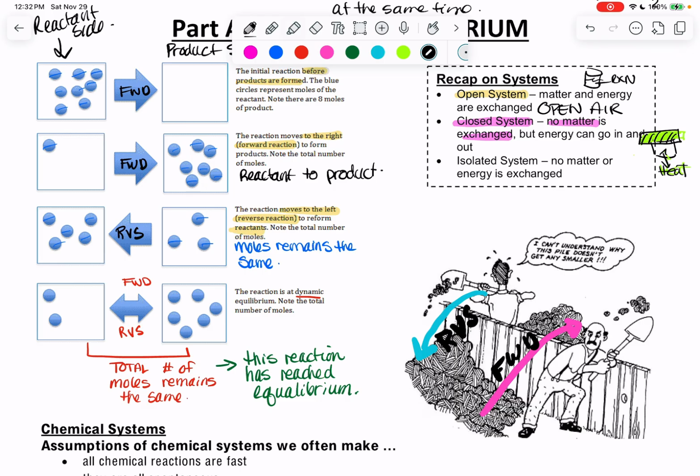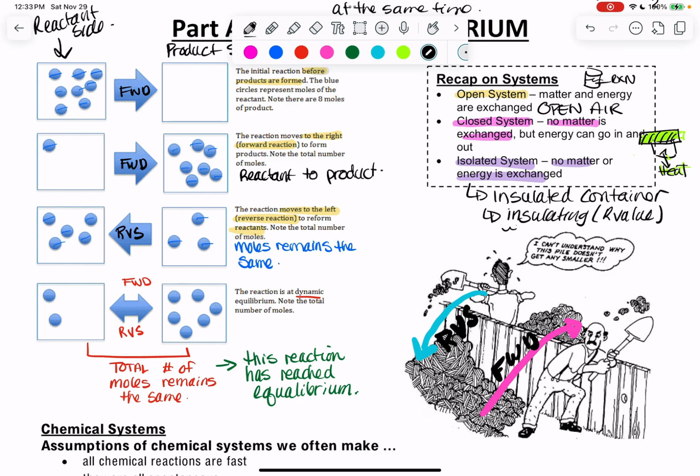And the third flavor of reactions is what we call an isolated system, where no matter or energy is exchanged. The best example on Earth that we have is an insulated container. So we have insulating materials with a high R value. R value just means how good they are at being insulators. That stops heat transfer.